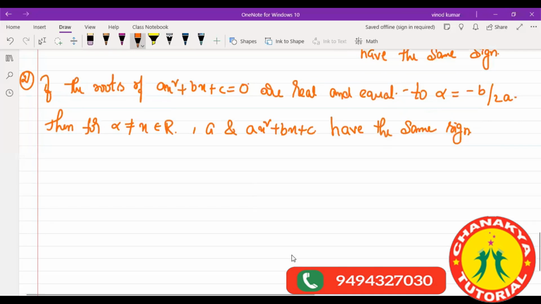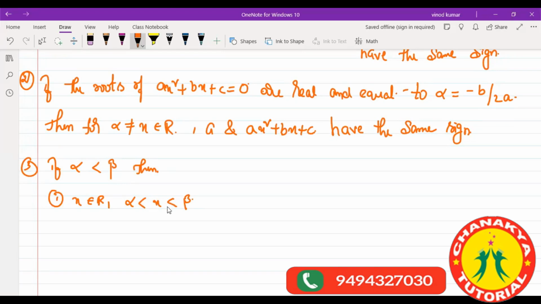These two are important. If alpha and beta are the real roots of the given equation, with alpha less than beta, then we have two points. One: if x lies between alpha and beta, x a real number, alpha less than x less than beta, then a and ax square plus bx plus c have opposite sign.